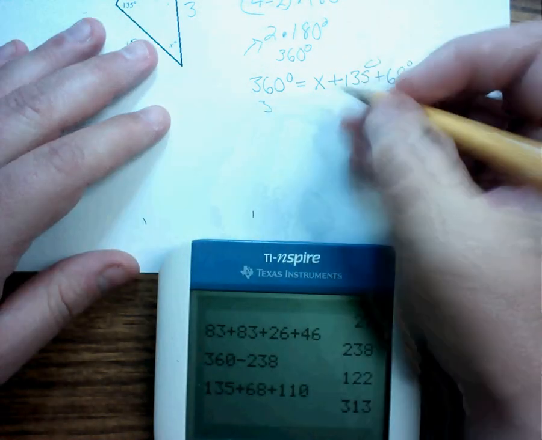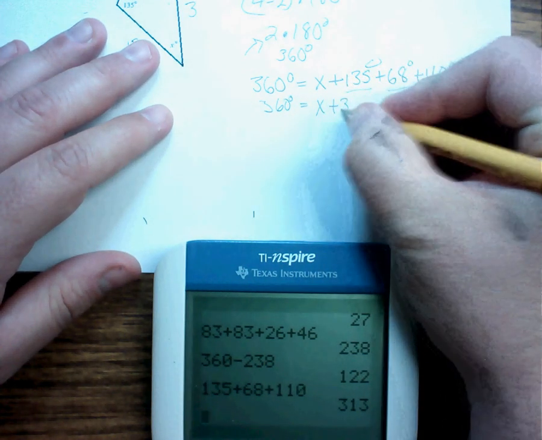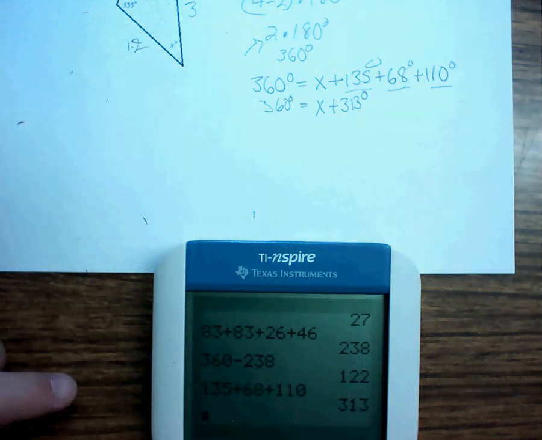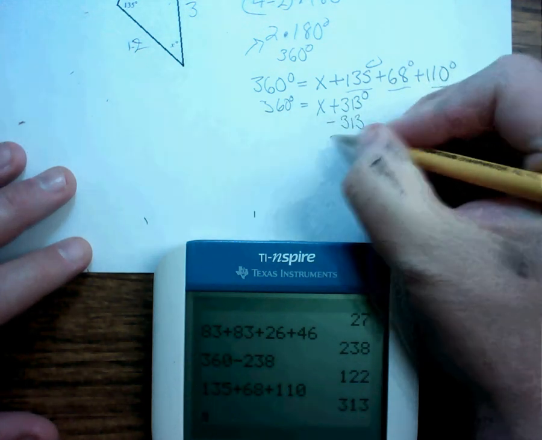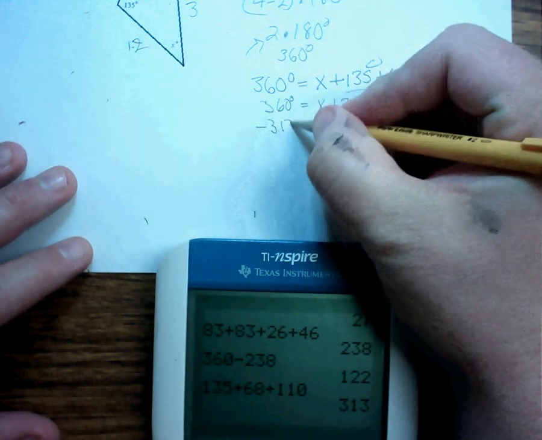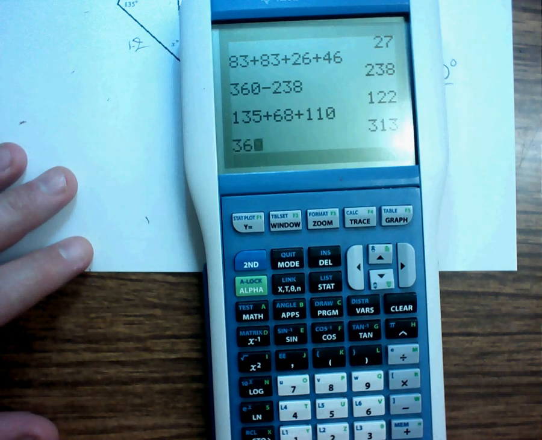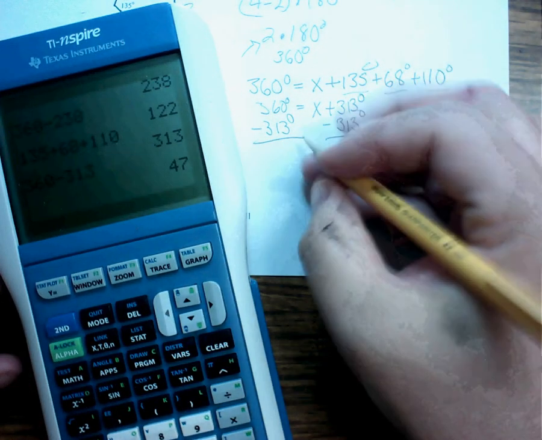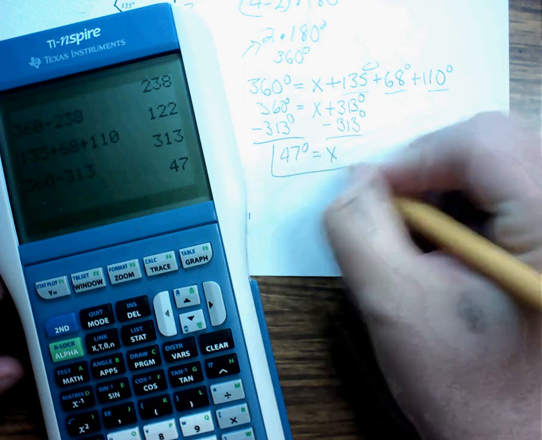So on my next line, I've got 360 is equal to x plus 313 degrees. How do I solve for x? Yep, we're going to subtract 313 from both sides. So let's do that on a calculator. 360 minus 313 is 47. So I get 47 degrees on this side, and on the other side of the equal sign, I get x equals 47 degrees.